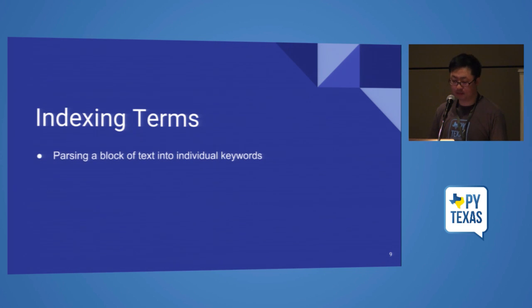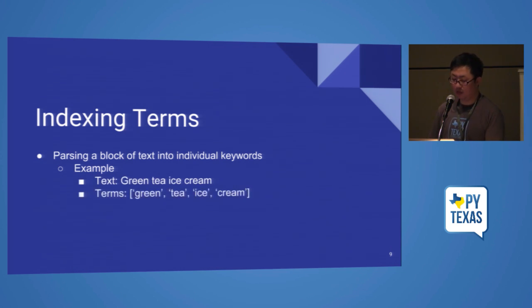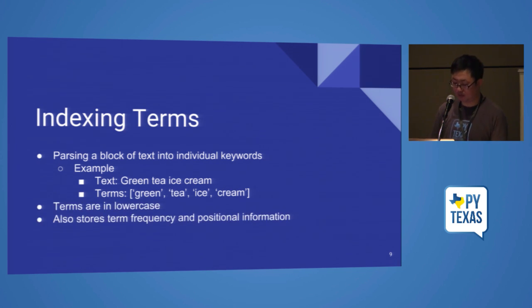The first step is to index the terms. Indexing terms is the process of parsing a block of text into individual keywords. For example, the original text, green tea, ice cream, after indexing becomes a list of terms in lowercase, stored in the Xapian document.